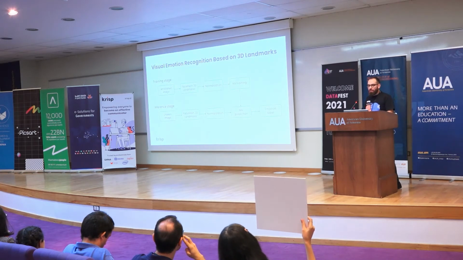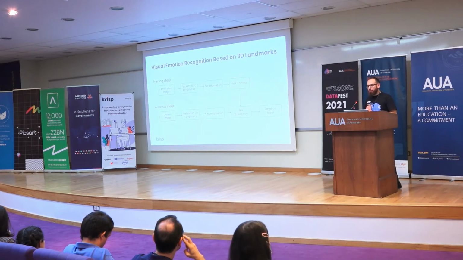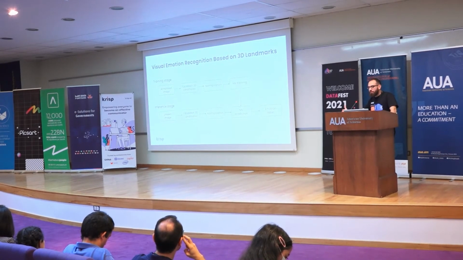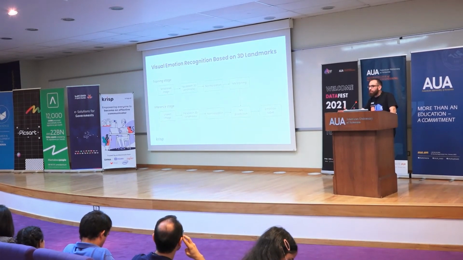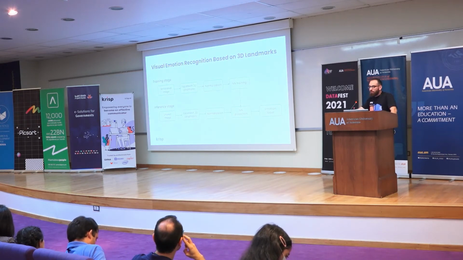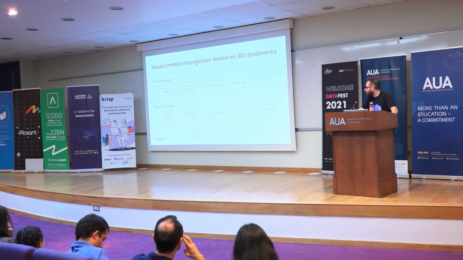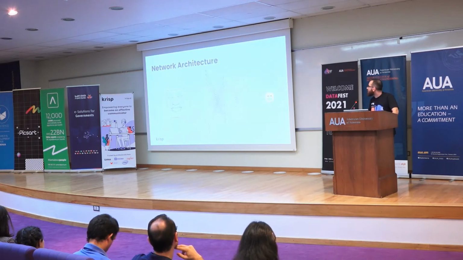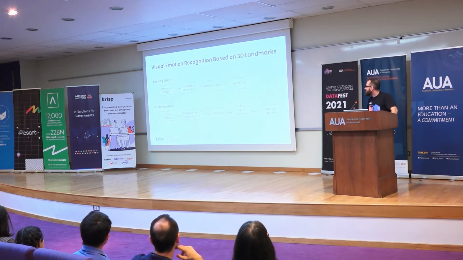So in the training stage, we have a data set of annotated images. We run MediaPipe's face mesh technology on them to get those 468 points, do some normalization techniques on them, and the neural network, visualized by this simple architecture, is trained.